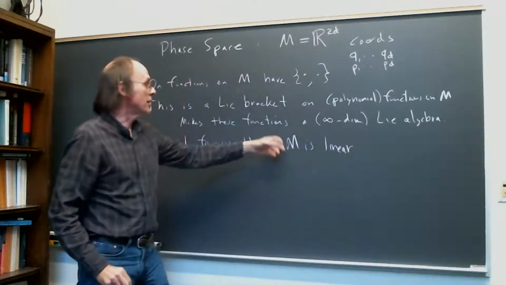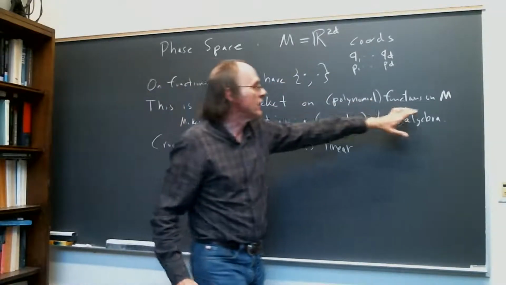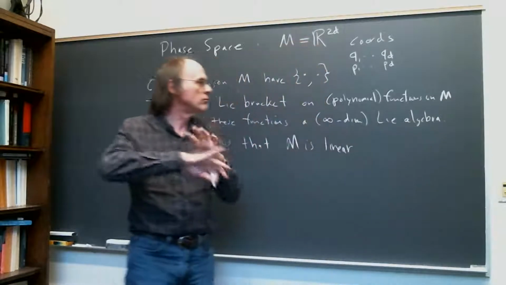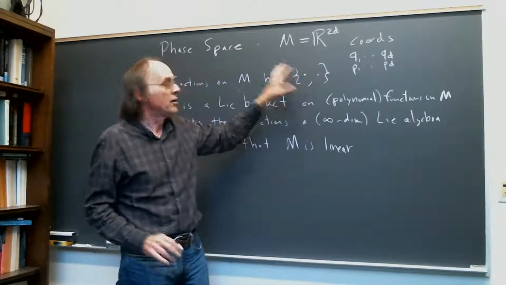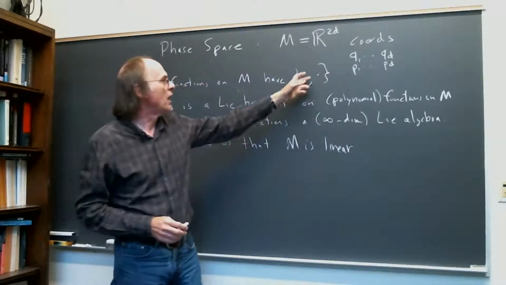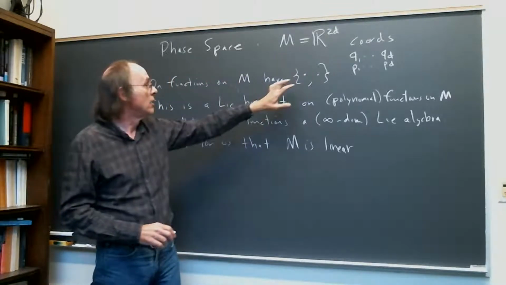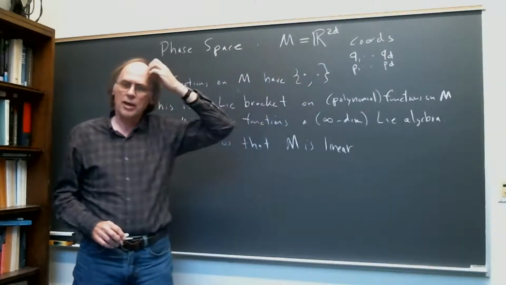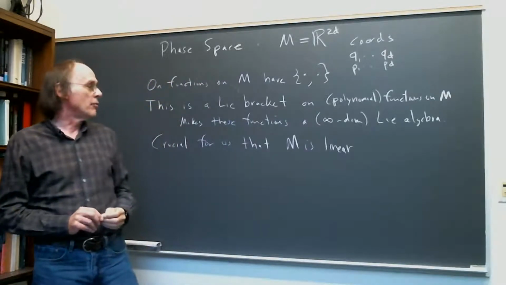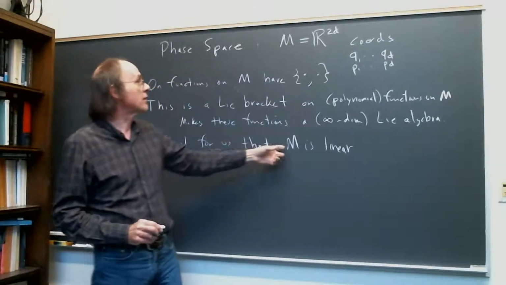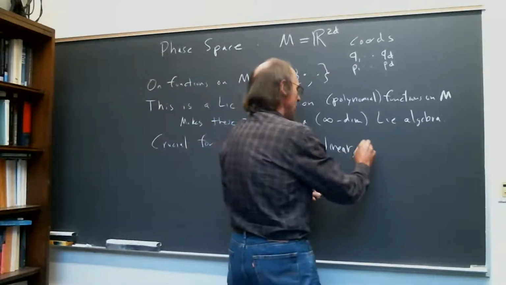In general, you can define a Poisson bracket on much more general kinds of manifolds, but we're going to just use the fact that this is actually a linear space, and that we need.